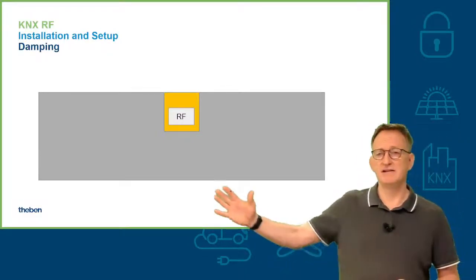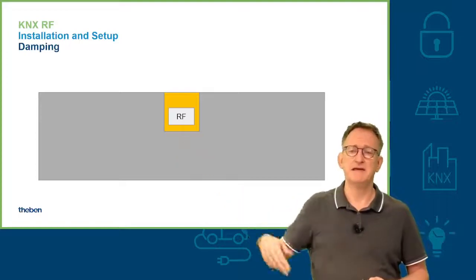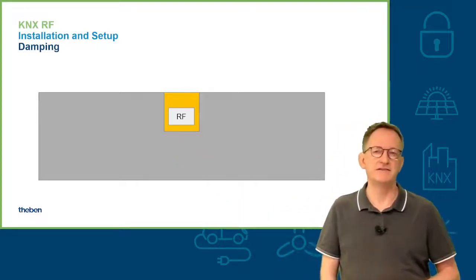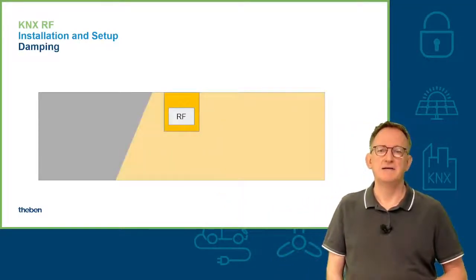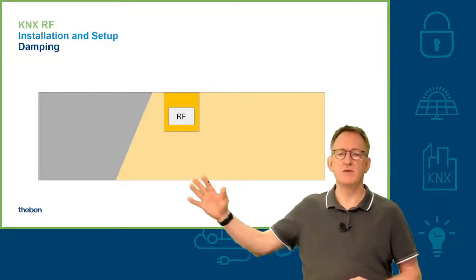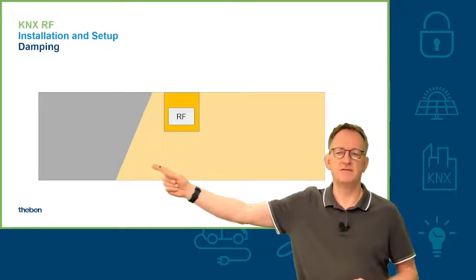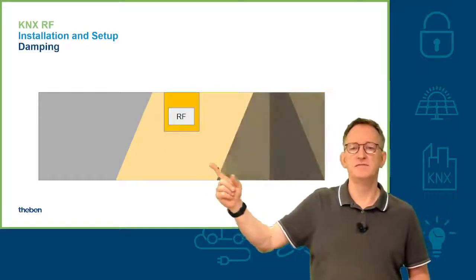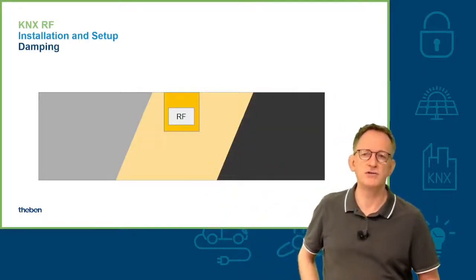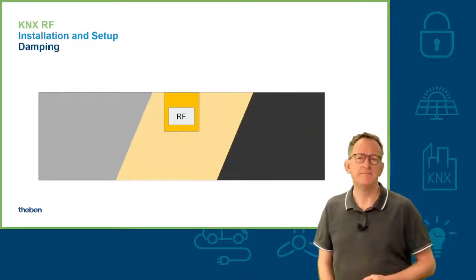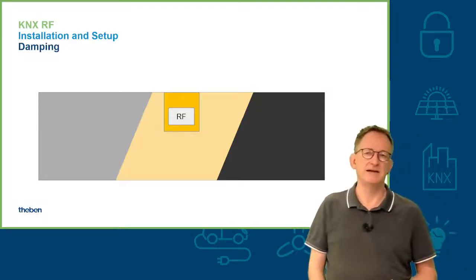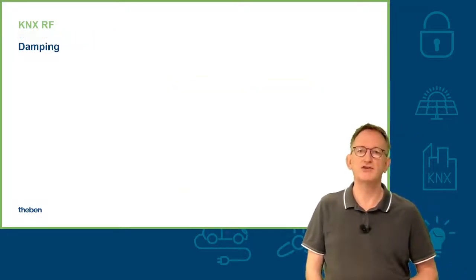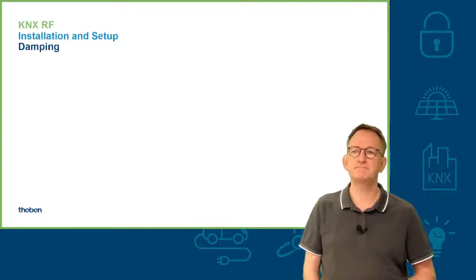And the wall behind has an impact on the RF signal, but also the quality of that wall. For example, if you have stone, wood, or concrete, it has different impacts. That's what I would like to show you on the next slide.